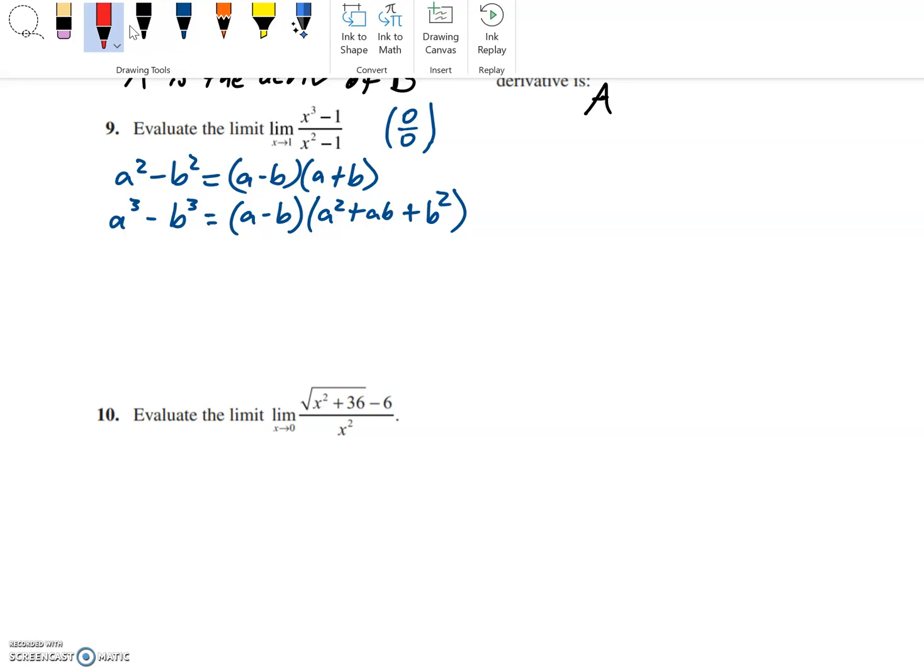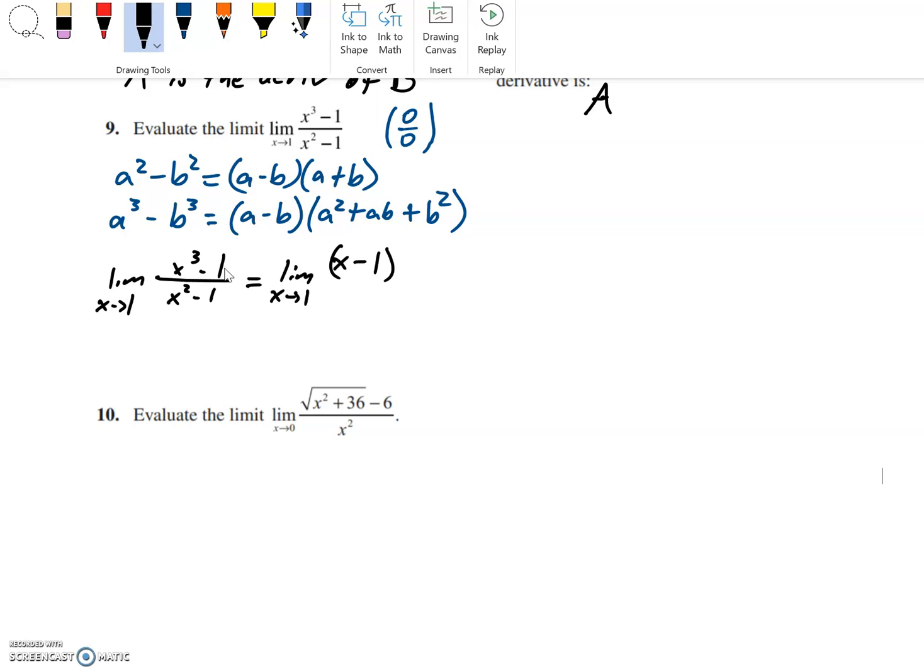So then we're going to take our original. Okay, I've started with a limit, x goes to 1, x cubed minus 1 over x squared minus 1. So if I apply those two properties I just wrote, then the top is going to look like x minus 1, right?